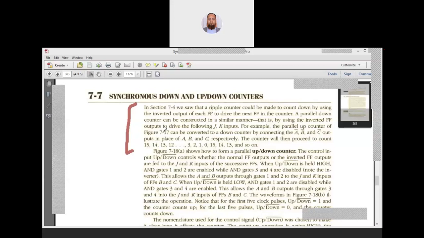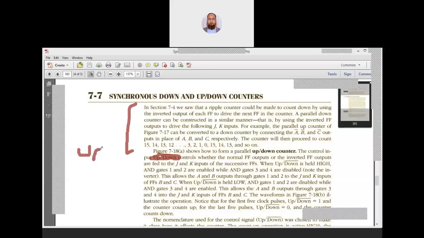In the next part, we are going to make an up and down counter. There we have to give a control input, which is the up slash down bar counter. When this control input is 1, it means up.